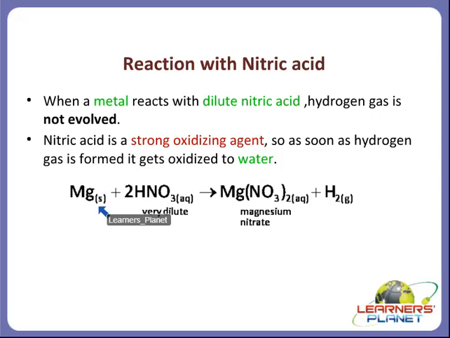Here there is an example of magnesium with very dilute nitric acid. When this is the case, then only hydrogen gas is evolved. Otherwise, if it's dilute or concentrated, hydrogen gas is not evolved, and what is formed here is water.